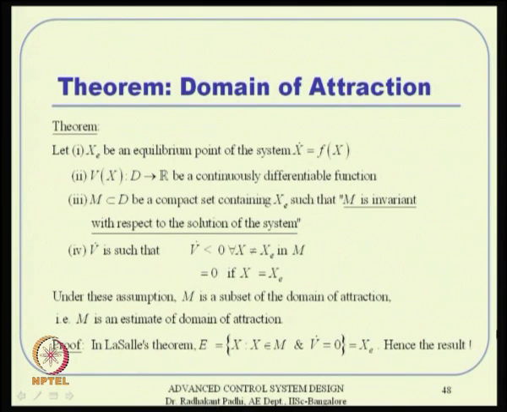That is what I was talking about: our estimate can be very conservative. What you will be able to estimate is some M which is a subset of the domain of attraction. In other words, the domain of attraction can be larger, but you will be able to conclude only a subset of it. The proof part with LaSalle's theorem is rather easy. You can simply take E equal to that and the result will follow.